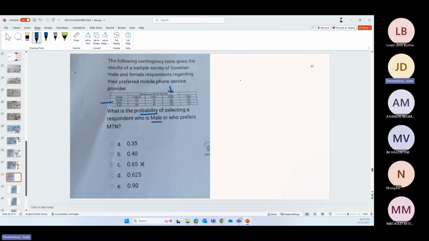So that is the probability of male plus the probability of MTN minus the probability of the AND.